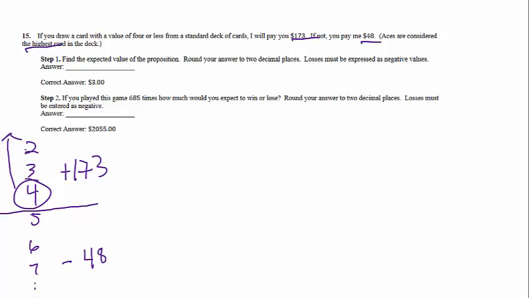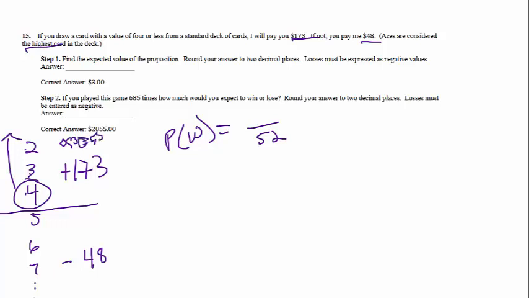So what are the odds of getting this? 2, 3, or 4? The probability of winning is, out of 52, the 2, the 3, and the 4, but there are 4 different suits: the diamond, the heart, the club, and the spade.